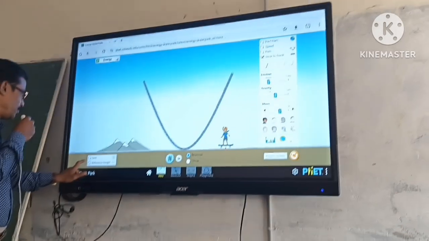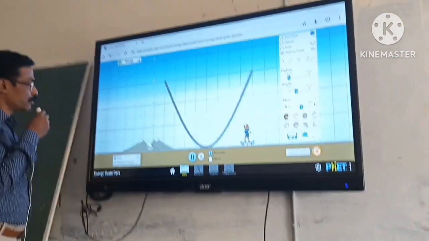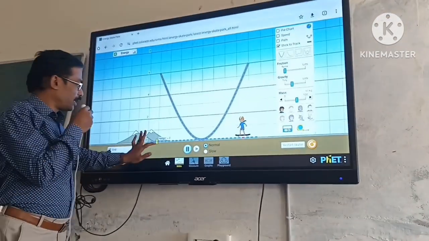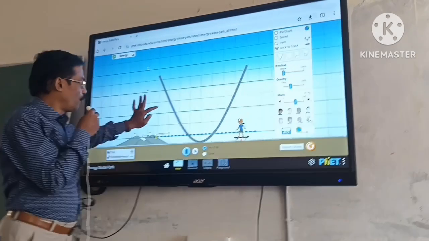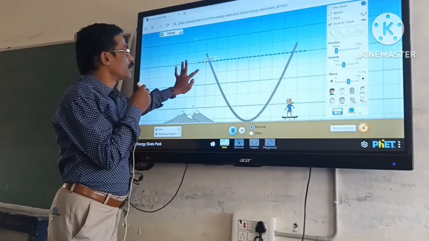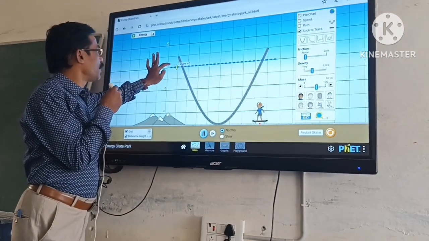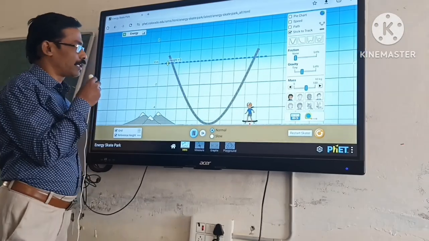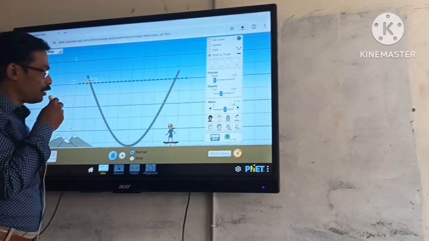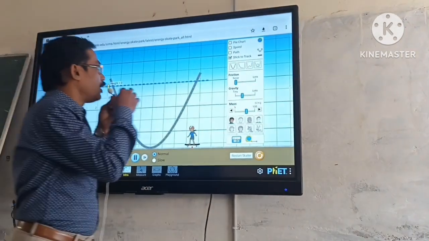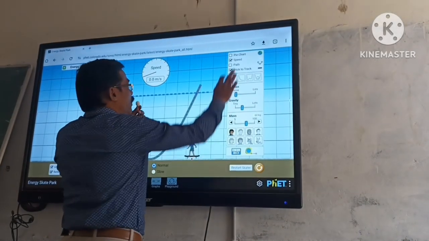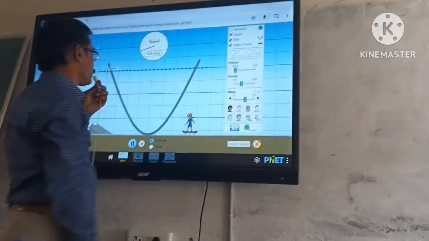If you want a grid, you can take the grid. Then reference height. Reference height is this. You can move it up to whichever height you want to show in the simulation. So this much, if it is okay, then put it like this. Then I have selected the normal portion, and here we can see the speed and the path.